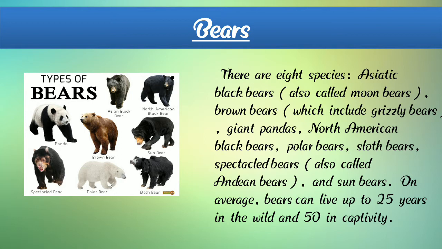On average, bears can live up to 25 years in the wild and 50 in captivity. And also, bears are omnivorous animals because they eat both plants and the flesh of other animals. So that's why bears are omnivorous animals.